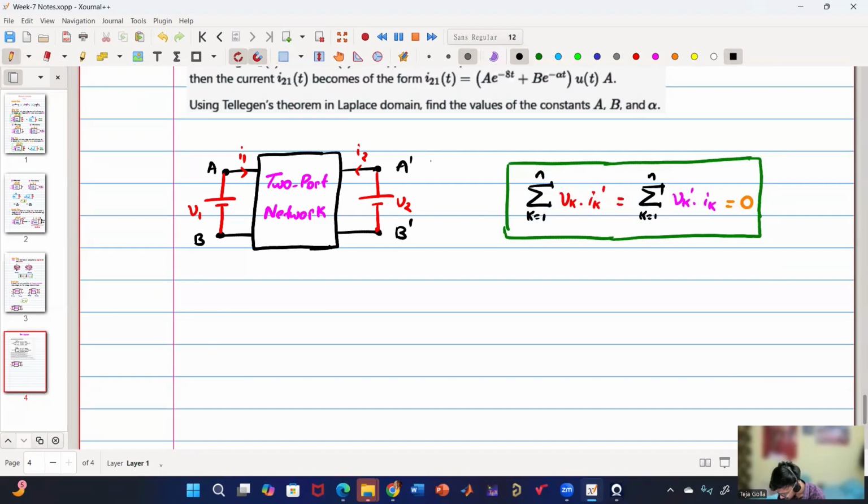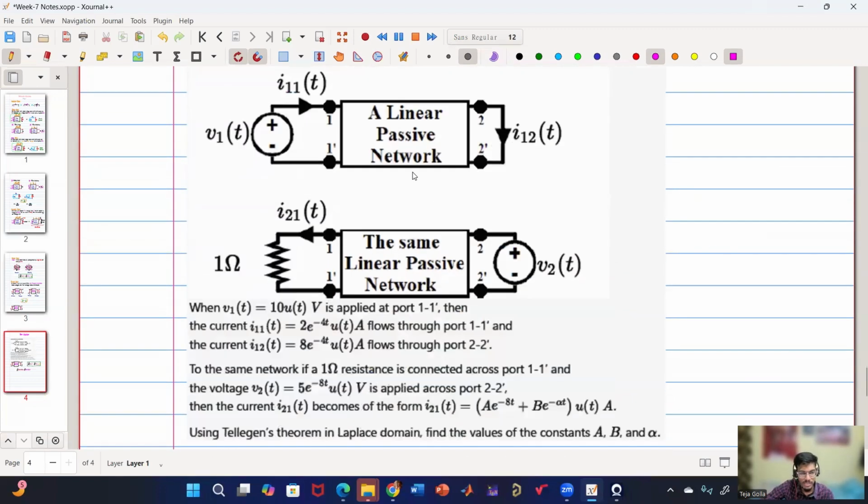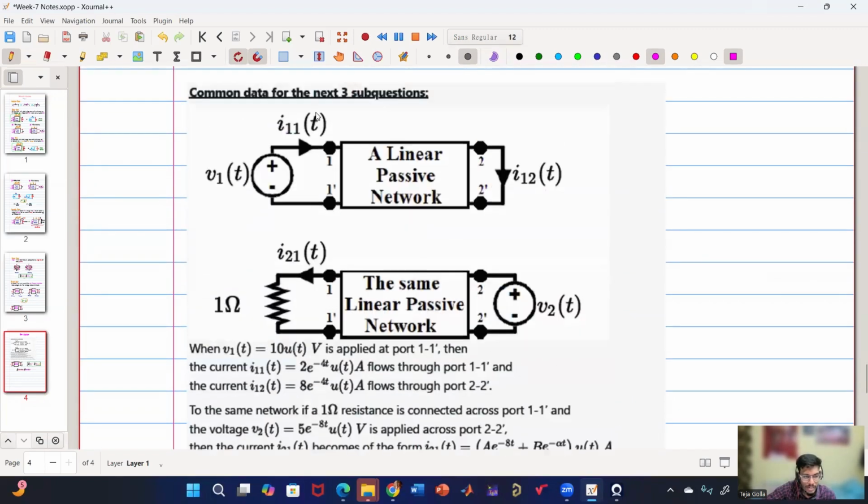So we have the summation from k equals 1 to n of capital Vk of s into ik dash of s, equal to the summation from k equals 1 to n of Vk dash of s into ik of s. Without dash means it is the first circuit, with dash means it's the second circuit. So basically we will be dealing with this voltage, this current, and this voltage, this current.